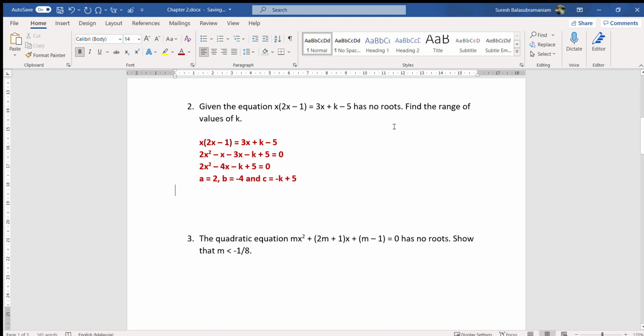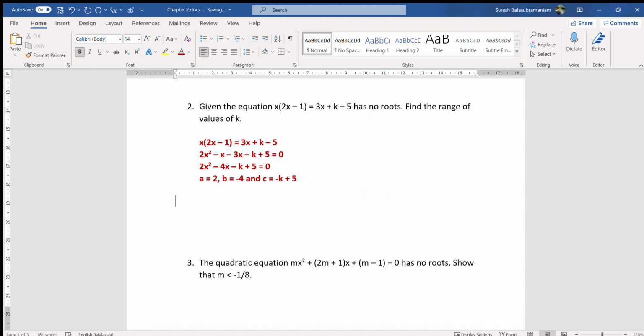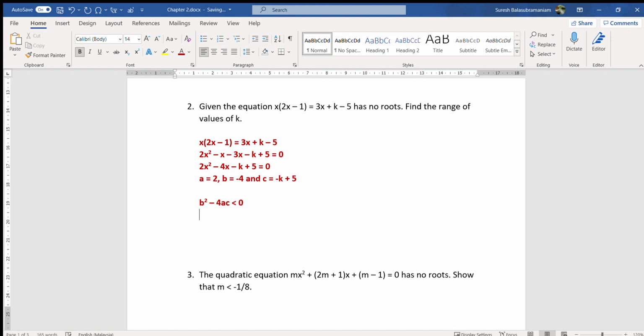So the equation doesn't have roots, no roots, therefore b square minus 4ac is less than 0. What is b? B is negative 4, so negative 4 square minus 4.